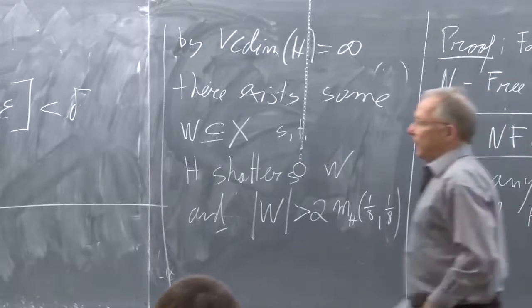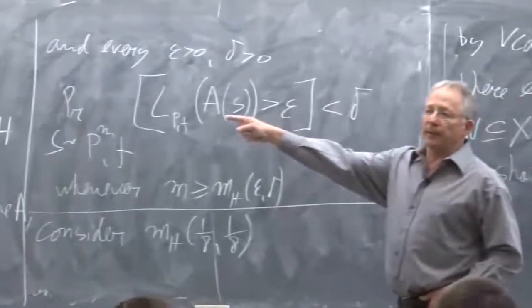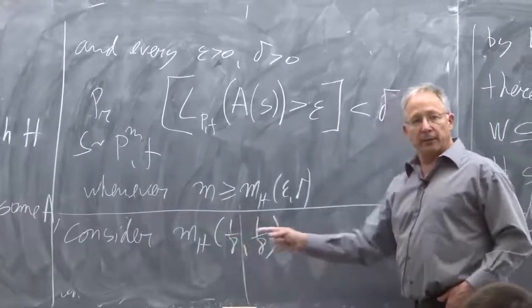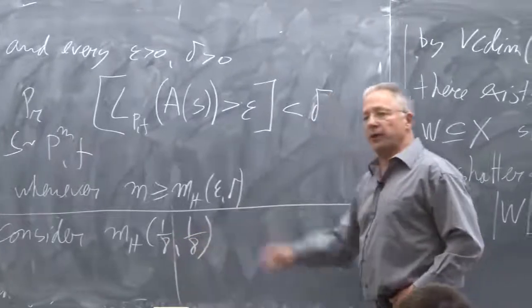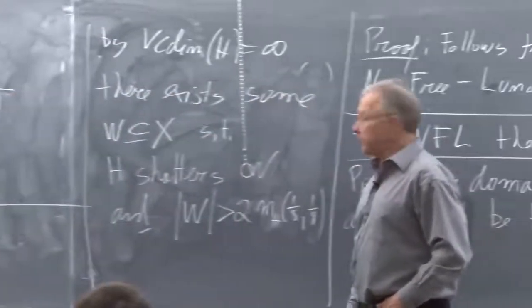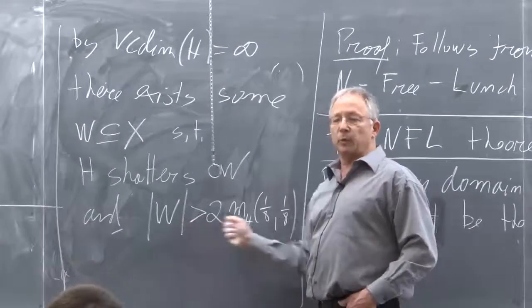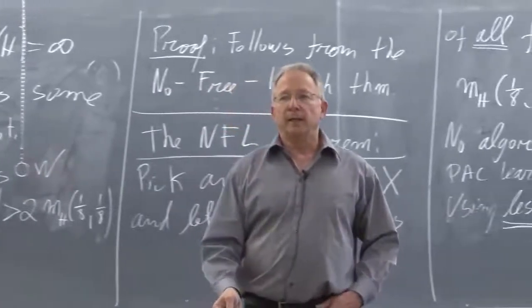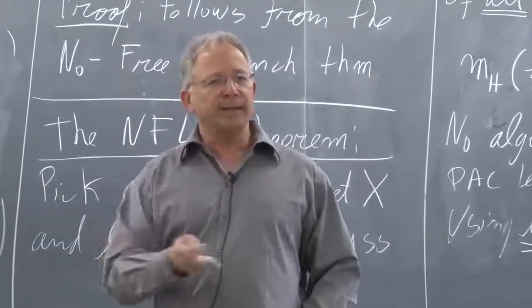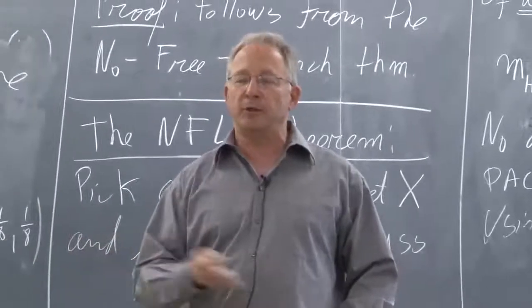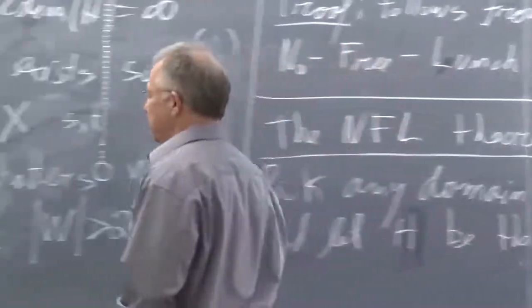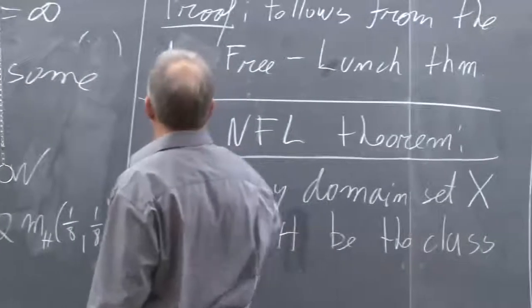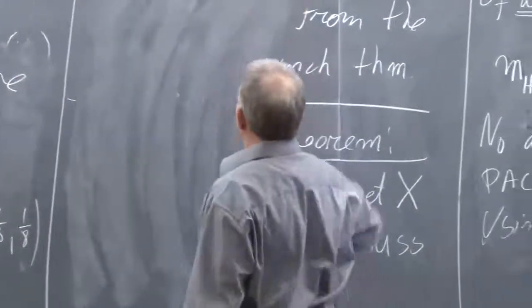So in particular, you claim we had an infinite dimension H. You claim that it can be learned. If it can be learned, we have this function. If it has this function, there is the value of this function at 1 over 8. And since the VC dimension is infinite, I can pick a shattered set which is bigger. But now we have to go to the definition of shattered. If W is shattered, what is the set of functions that H gives me over W?